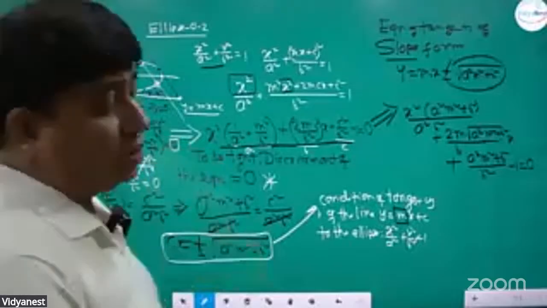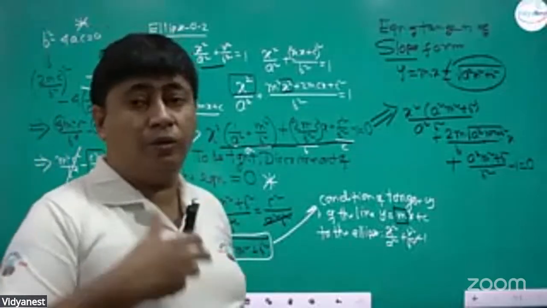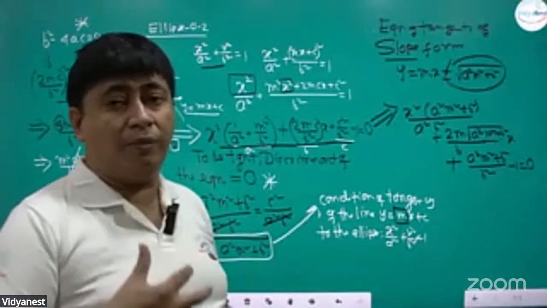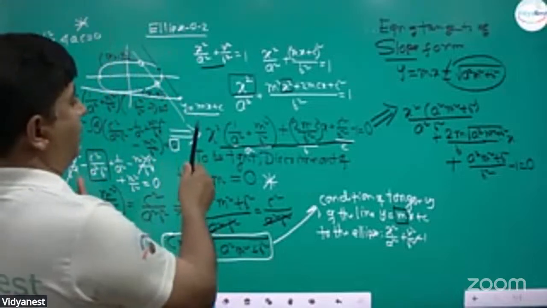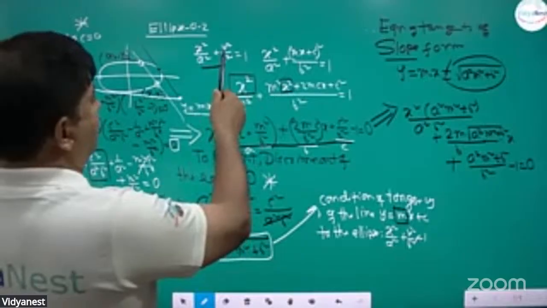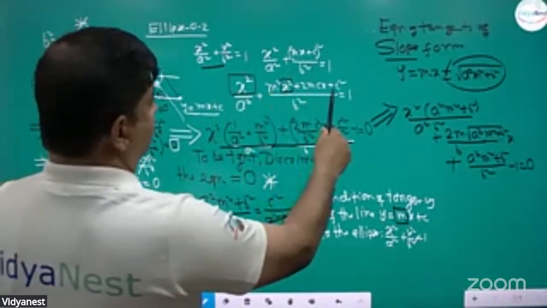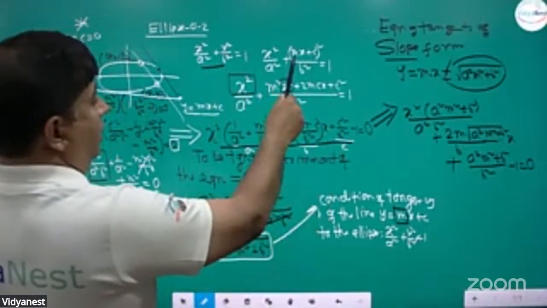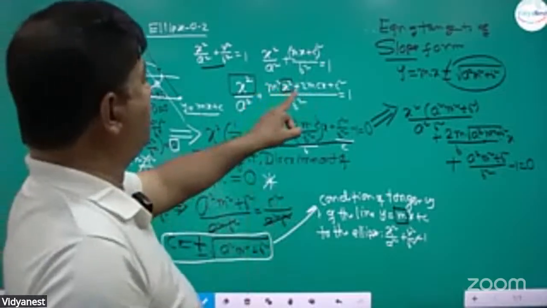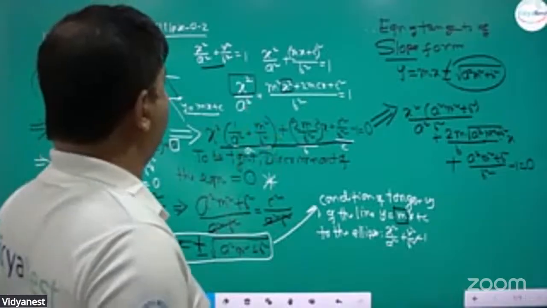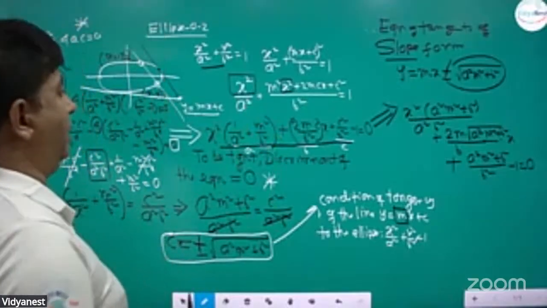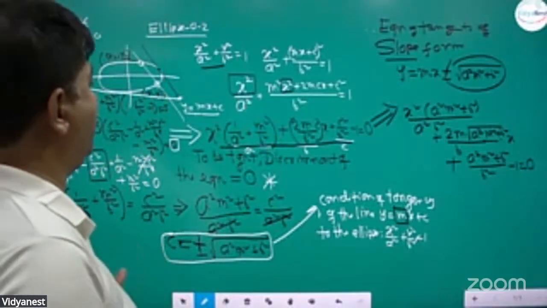Now 2 roots means it will form a quadratic. How to form the quadratic? What we have done, mx plus c will be placed in place of y. So how to expand it? a square b square 2abx plus c square. Now what next is waiting for us?